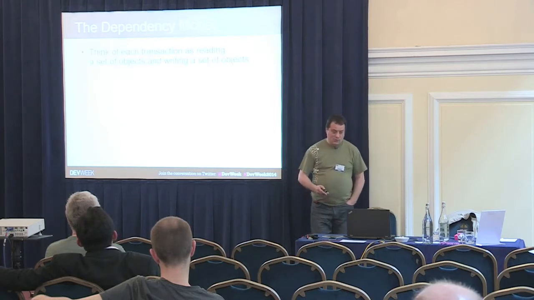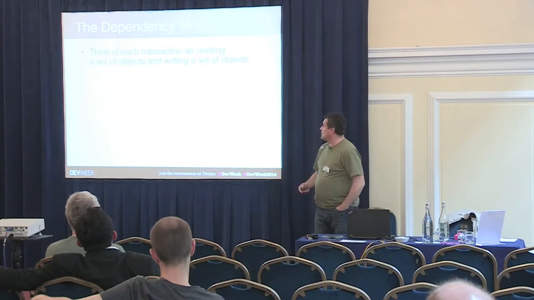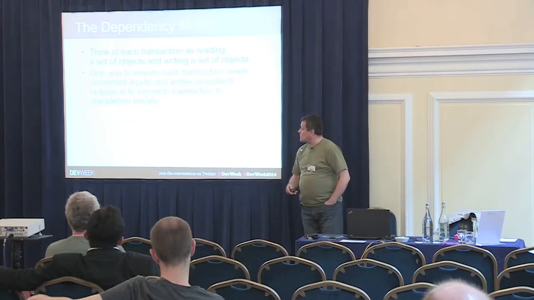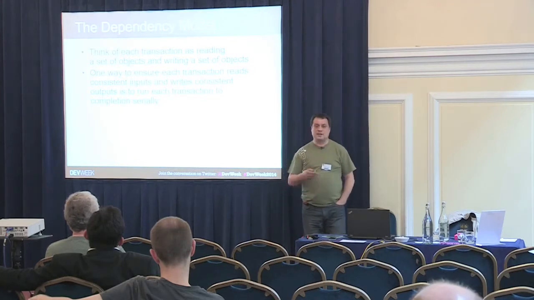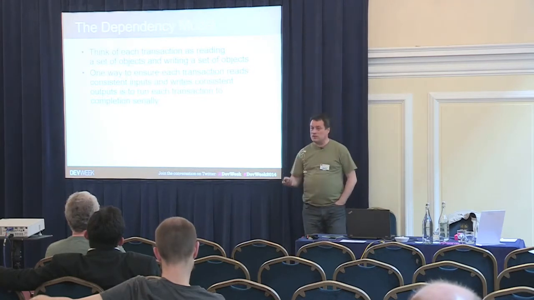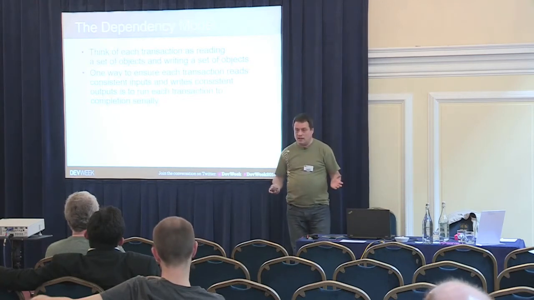Now, dependency model, what does it mean? Each transaction is reading a set of objects and writing a set of objects. One way to ensure that each transaction reads consistent input and writes consistent output is to run each transaction completely serially.